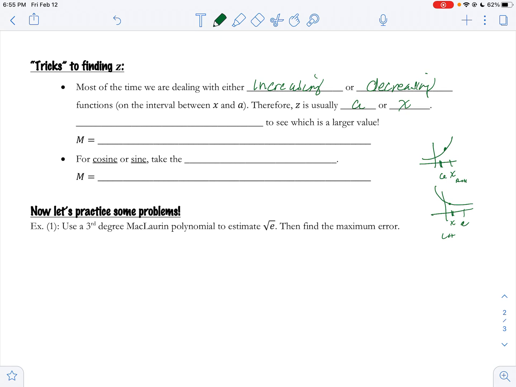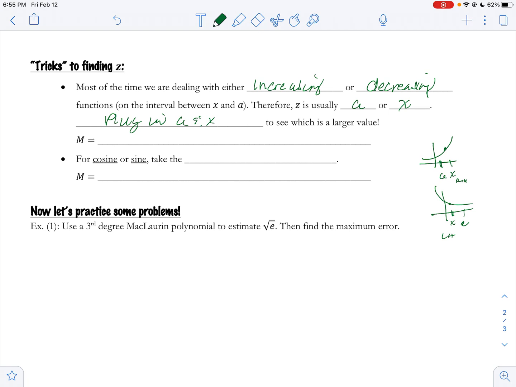So the easiest way to figure out which one it is, you can plug a in and you can plug x in and see what gives you the larger value. So plug in a and x to see which gives you a larger value.